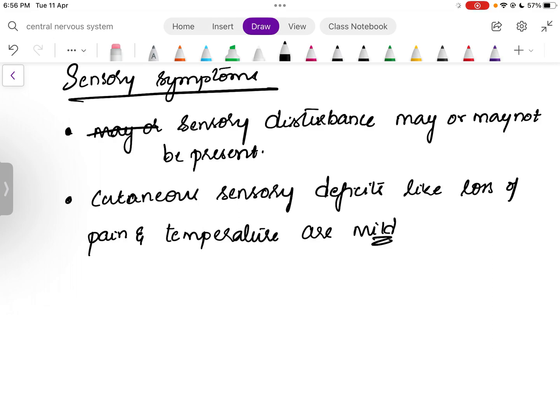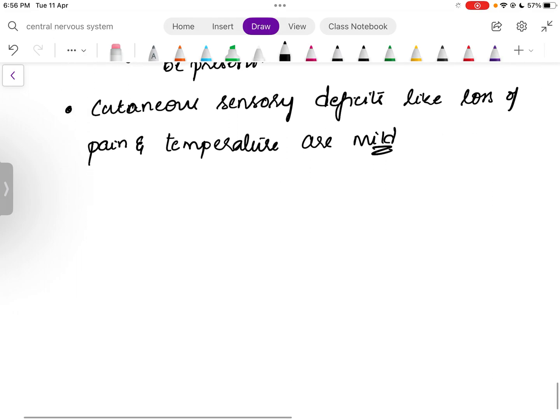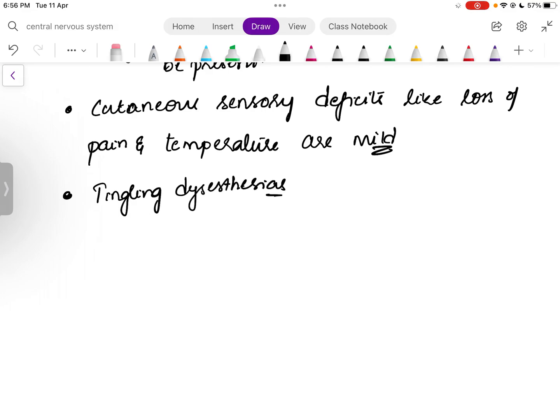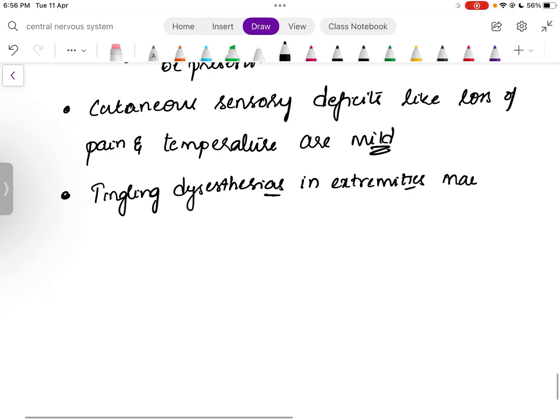These sensations are not that much affected, and the patient will have tingling dysesthesias. Even a slight touch will cause severe pain in the extremities. So tingling dysesthesias in extremities. The normal response will be abnormal in these Guillain-Barre syndrome patients. And this can be a prominent sensory feature.